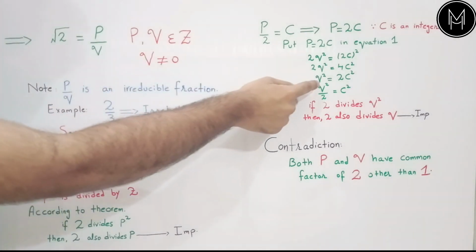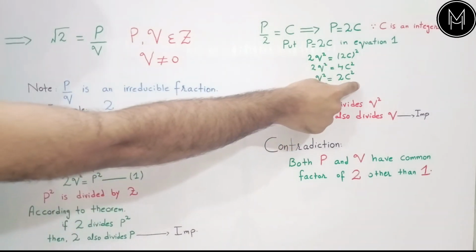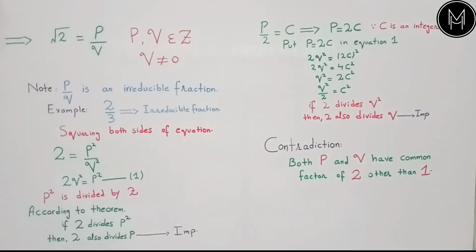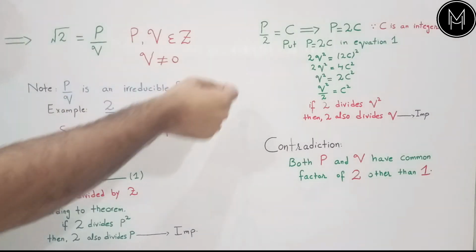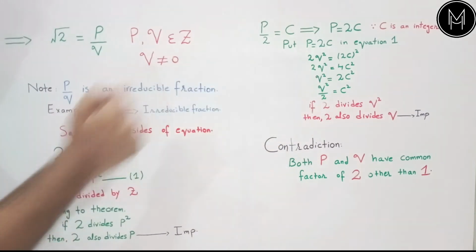So q square is also an even integer, as c is some integer multiplied by 2. Any integer multiplied by 2 will always give an even integer. So we can say that q square is an even integer and q square is divisible by 2.